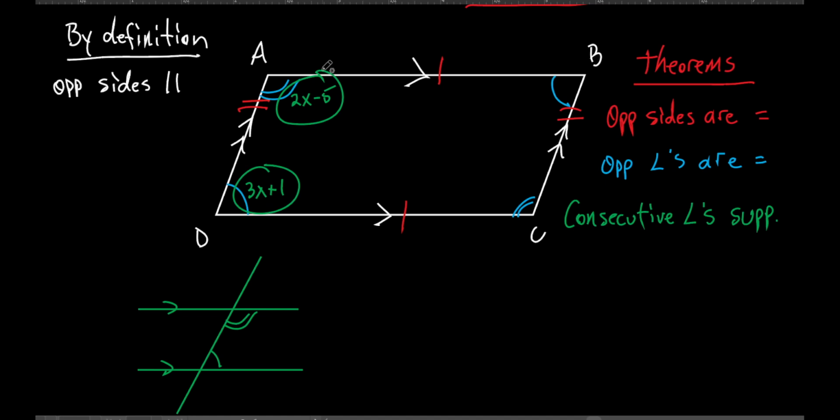Add them up and set them equal to what? 180. That's right. Now, again, I don't know if this works out nicely. I just made those numbers up, okay? But I would add those two up, set them equal to 180, do some math, right? Do your algebra, solve for x, then plug it back in. All right, the same kind of stuff that we did earlier today. Everybody understand that? All right, let's see what else we got.